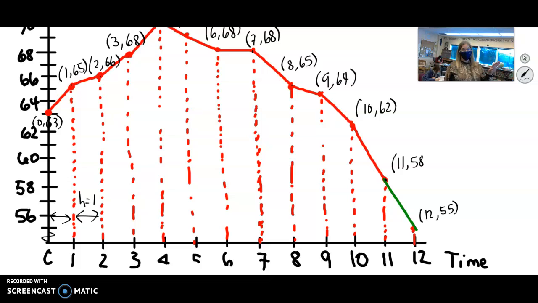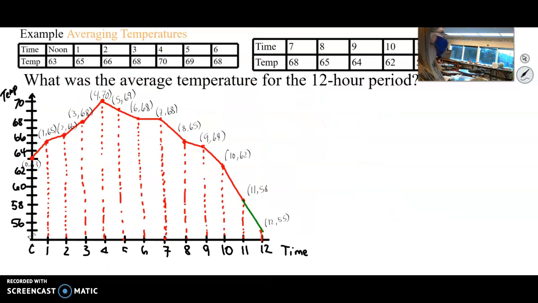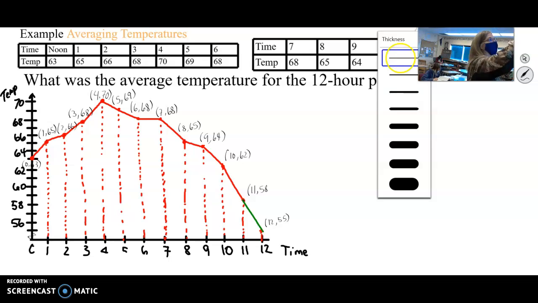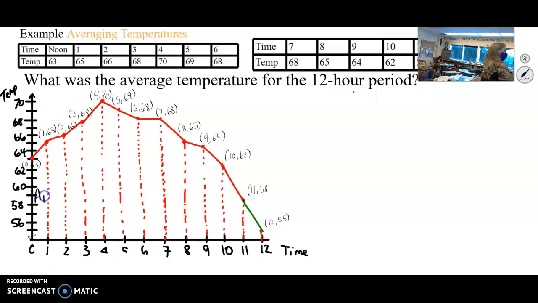To find the average value, we find the area under the curve and then divide by the width of the interval, which is 12. That'll give us the average height. All right, so I made this a little smaller here. I have all these trapezoids, and the first trapezoid, I'll call it A1. We're going to look for a pattern here.